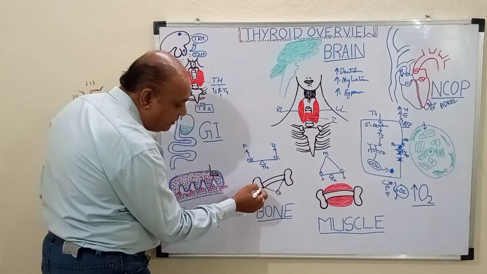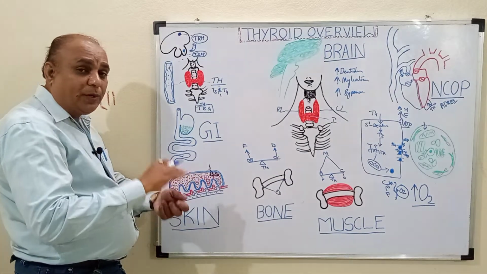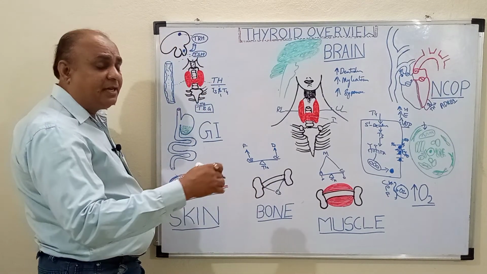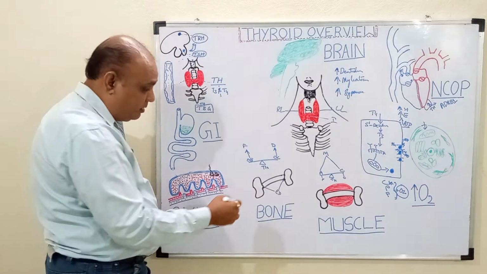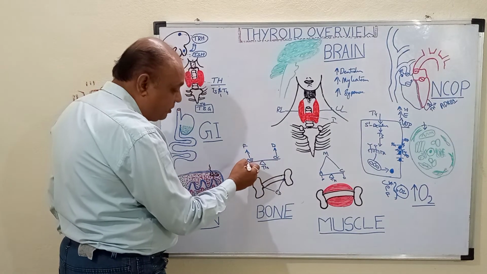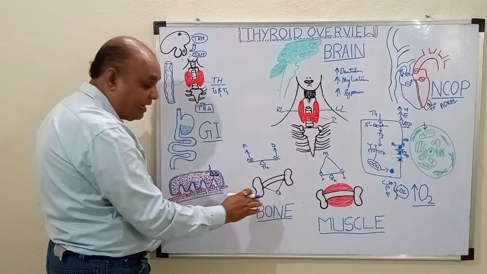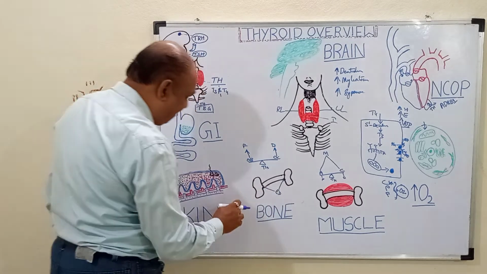These are the epiphyseal plates. The epiphyseal plates help the bone to grow in length, which is called interstitial growth. In this way, the thyroid hormone helps in maintaining the balance of osteoblast and osteoclast in the bone, as well as supporting the epiphyseal plates.